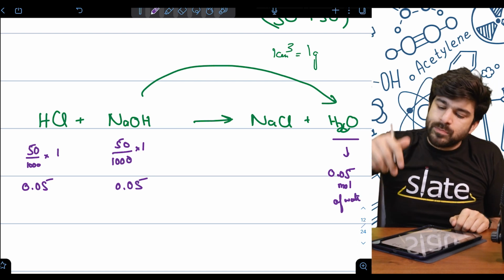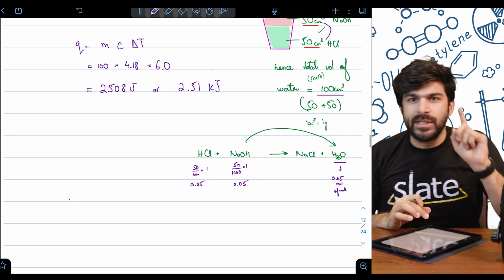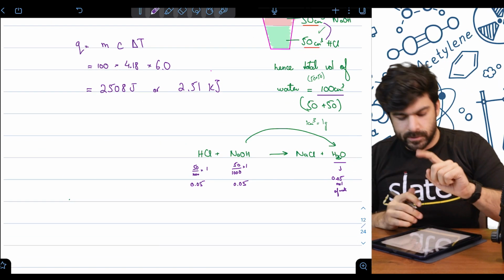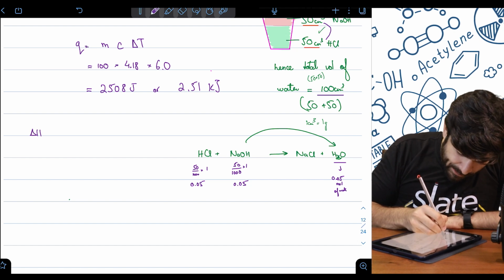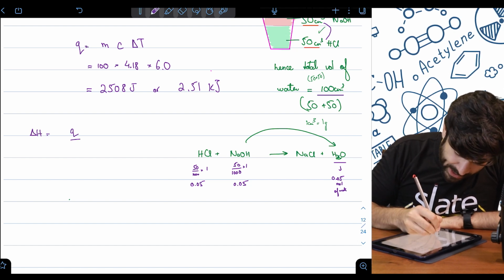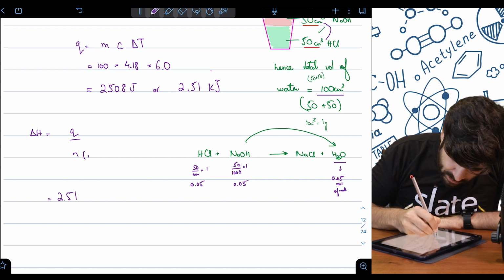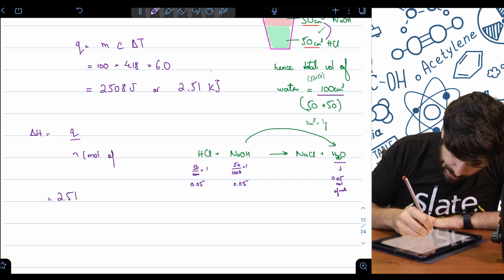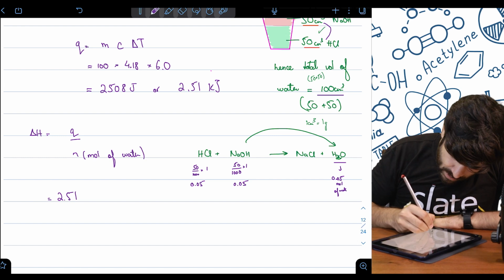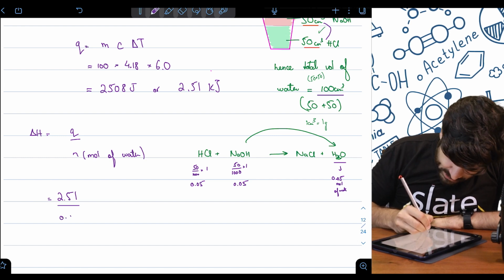So now I use these moles, the moles of water, because in neutralization, it is about water. Standard enthalpy change is Q divided by N. Q is 2.51 and N is moles of water. I would write it for you. Divided by 0.05.